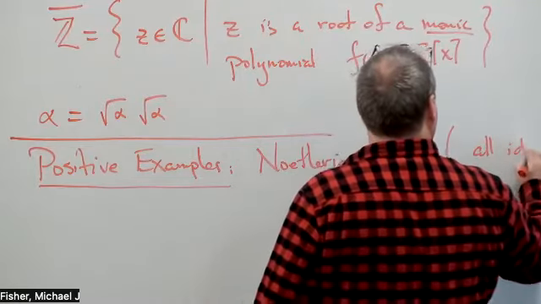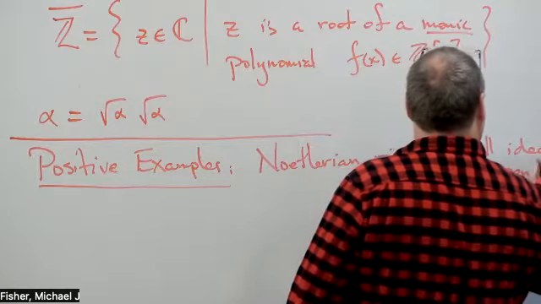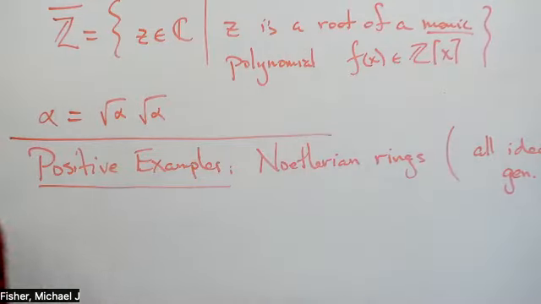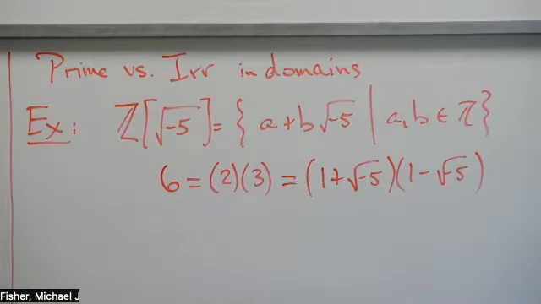All ideals finitely generated. Any integral domain that's the homomorphic image of a polynomial ring over a field or Z in finitely many variables will be atomic as well.